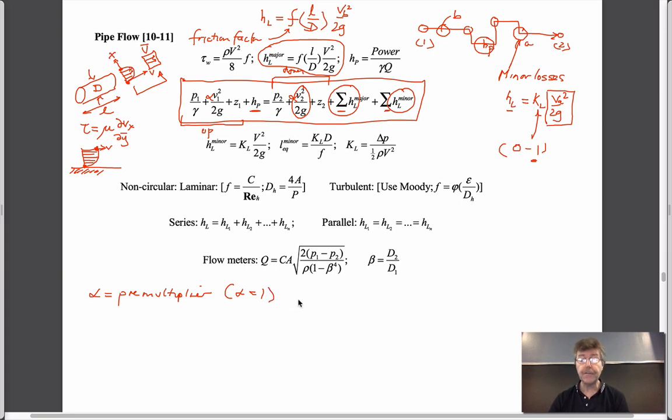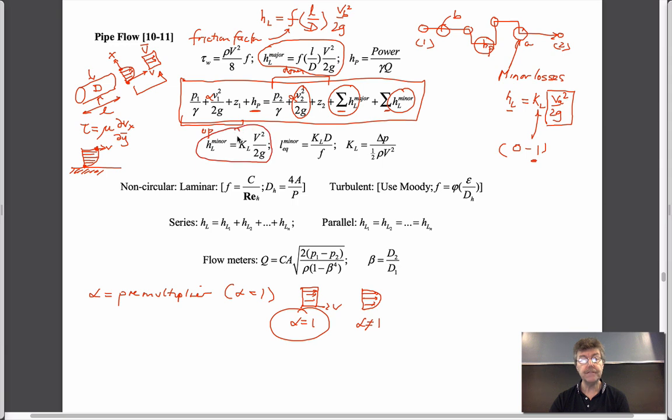Sometimes it's different from that, and it really accounts for whether the velocity really looks like this, when alpha is equal to 1, or whether it looks something different to that, where alpha is not equal to 1. But for all intents and purposes for us, we'll typically ignore that. It's not a big effect compared to other effects. So the main components that we'll want to deal with are the ones outlined here.